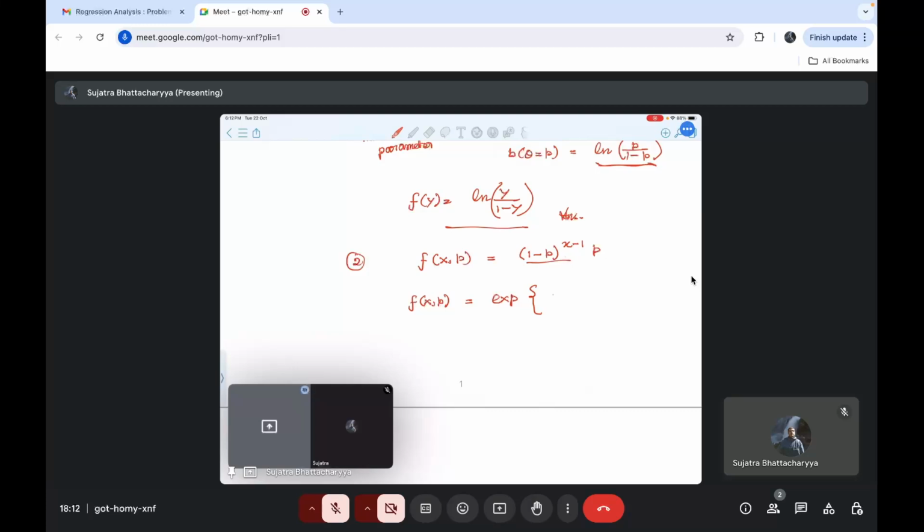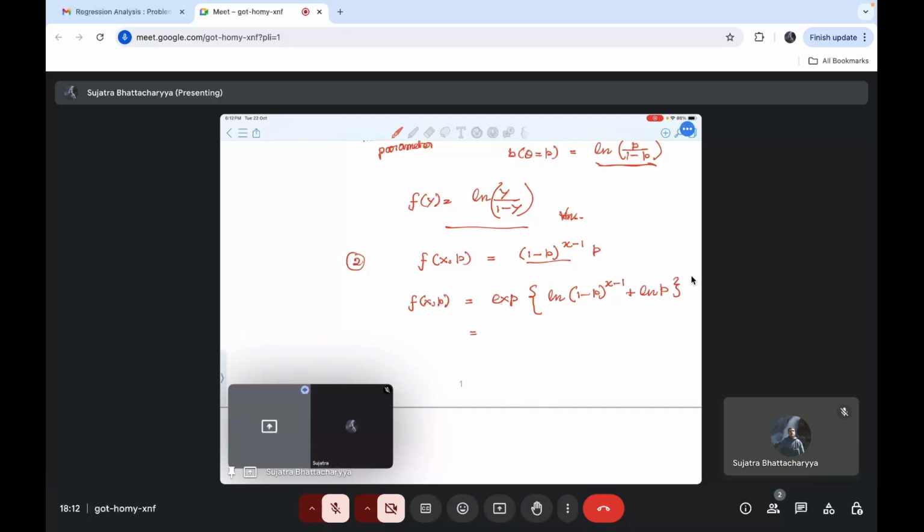Take log, that will be the best thing because exponential and log will cancel. So it will be log of (1 minus p) to the power x minus 1 plus log of p, because it is a multiplication.